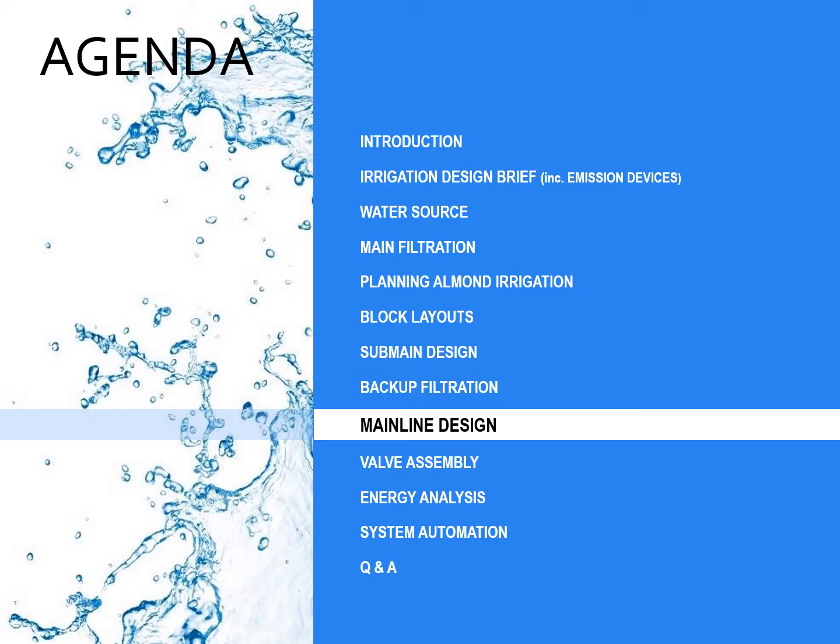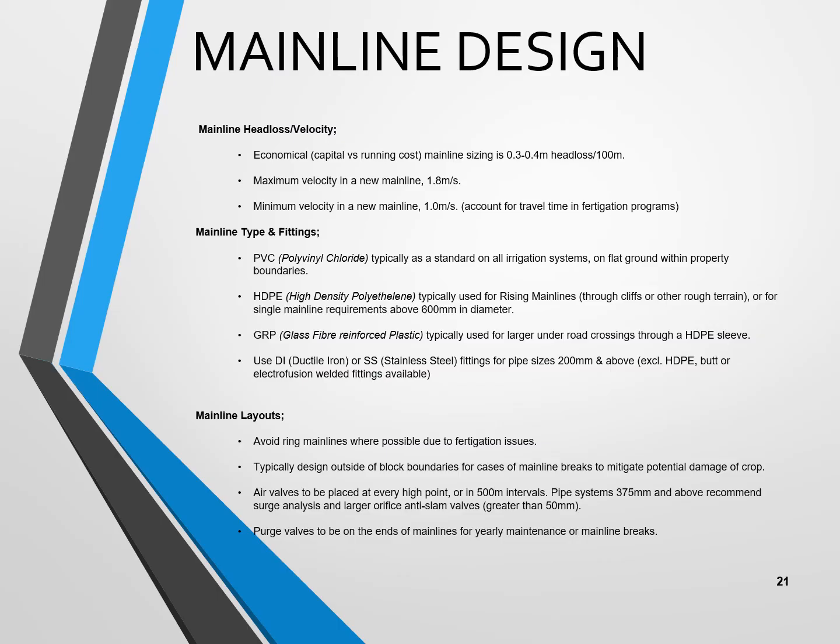Mainline design. For any efficient irrigation system, the mainline design is a very important one. When looking at mainline head loss, an economical pipe sizing or capital versus running costs on the larger systems is 0.3 to 0.4 meters of head loss every 100 meters.